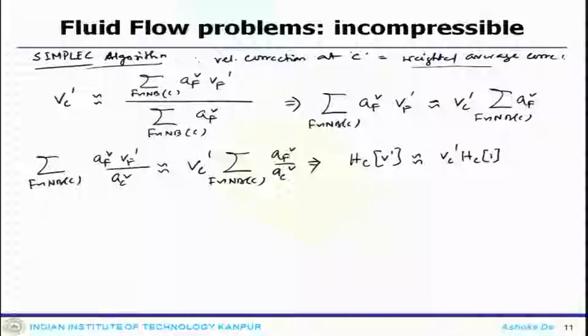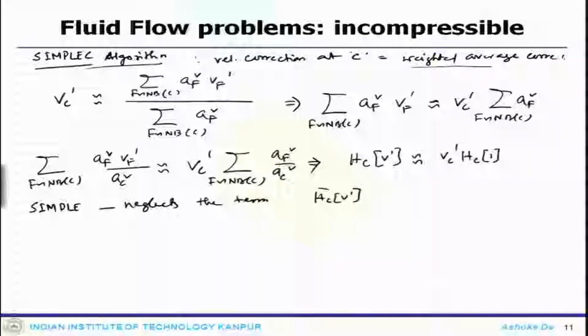instead of neglecting the H_C bar V prime term, so in SIMPLE what we have done is that it neglects the term H_C bar V prime. Instead, in this case we do not neglect this term, rather it is replaced.